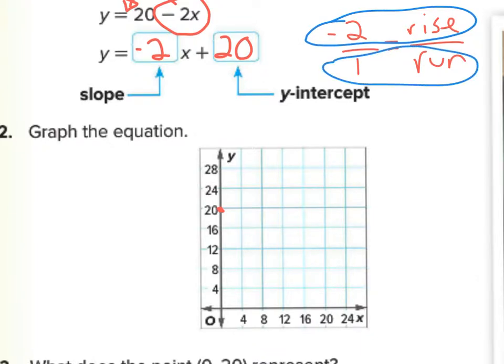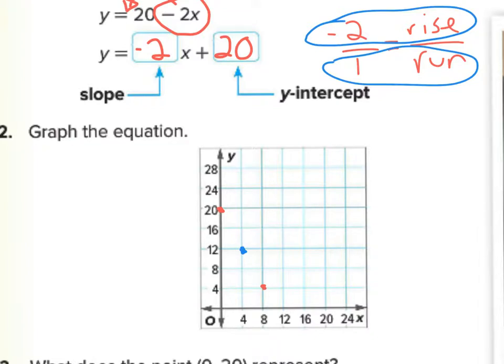So rise negative 2, 1, 2, and run 1. So there's my next point right there. Now I will again drop 2 and run 1. There it is. So that's what my line will look like.